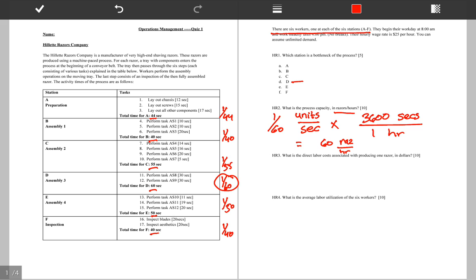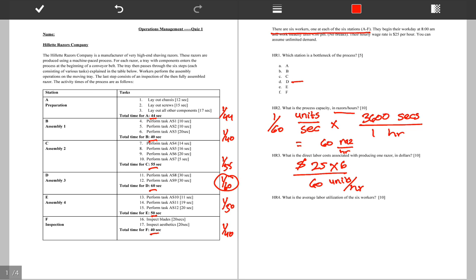The next question is, what's the direct labor cost associated with producing 1 razor? Well, because there are 6 workers and each of them gets paid $25, the top is $25 multiplied by 6 workers, but the flow rate, which is the same as the process capacity, is 60 units per hour.